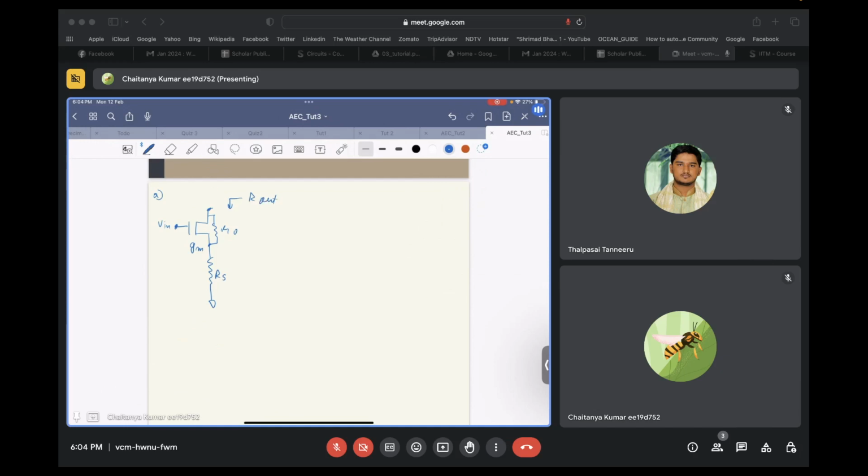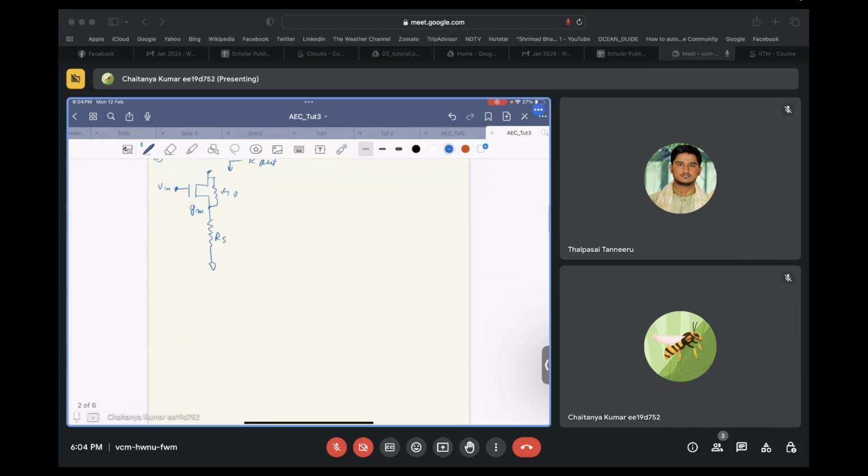First of all, we will form the small signal equivalent of this structure. What is the small signal equivalent of the MOSFET? We have a current source, with VG and VS, and Gm times (VG minus VS).